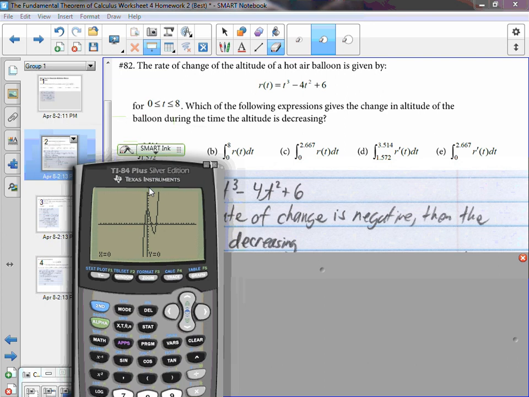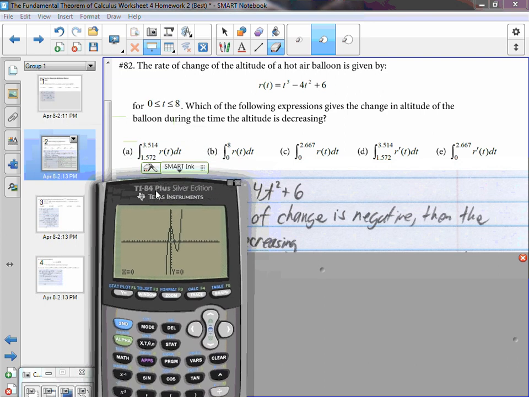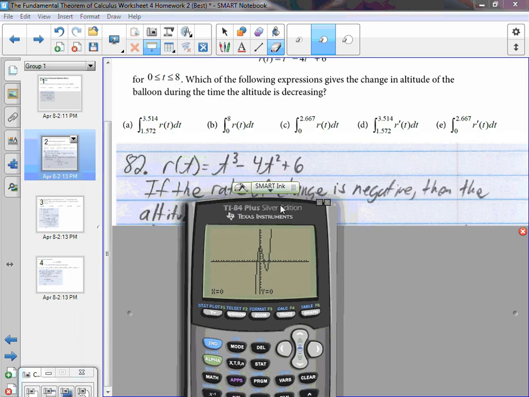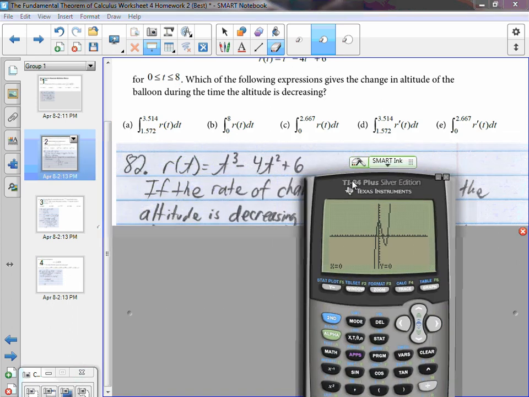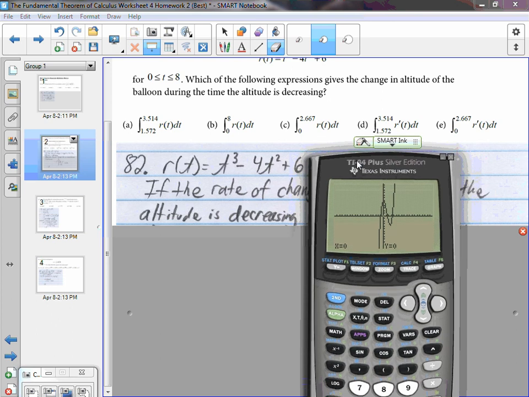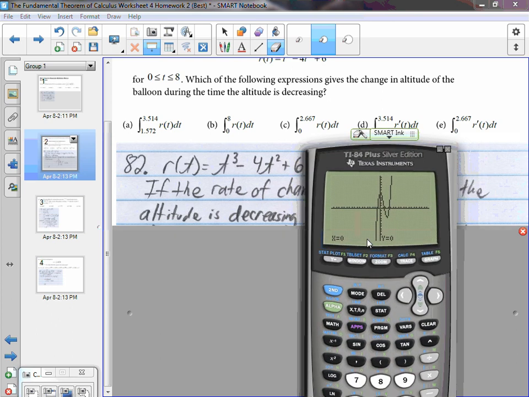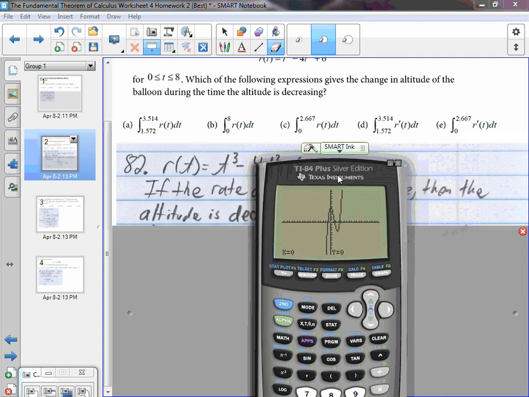Now, our altitude is decreasing, so our derivative needs to be negative, and I just graphed the derivative, okay? So if I knew what those zeros were for where the derivative's negative, would I know what the limits of integration need to be?